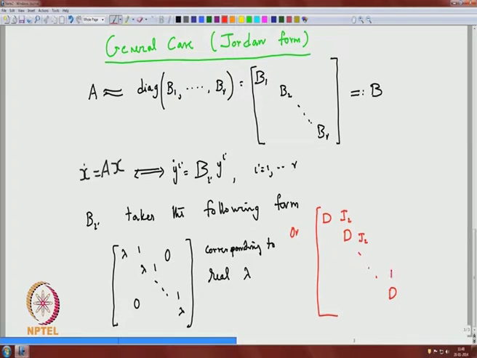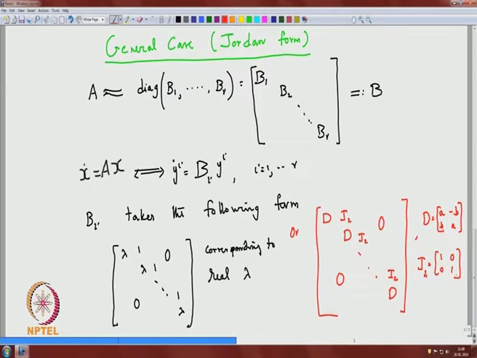This block itself is made of 2 by 2 blocks. And what is D? D is of the form [a, -b; b, a]. This is a familiar form. And I2 is the 2 by 2 identity, [1 0; 0 1].